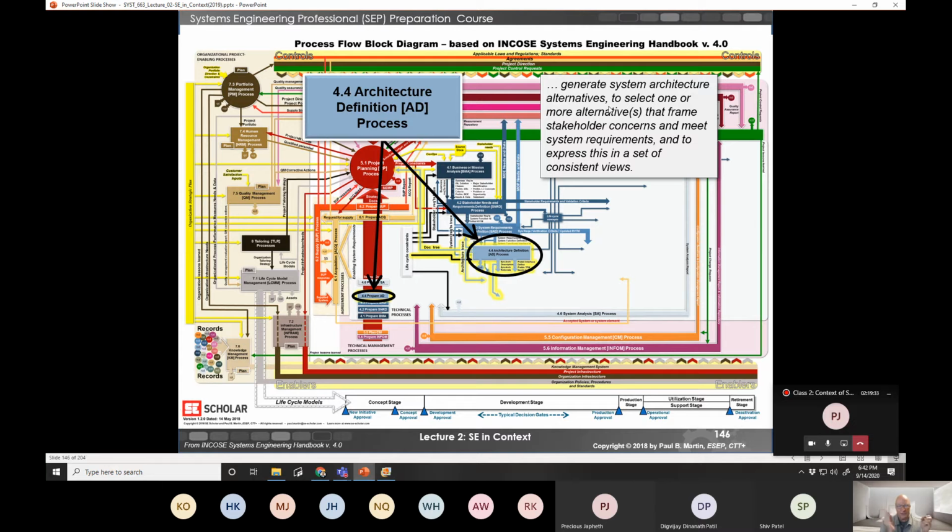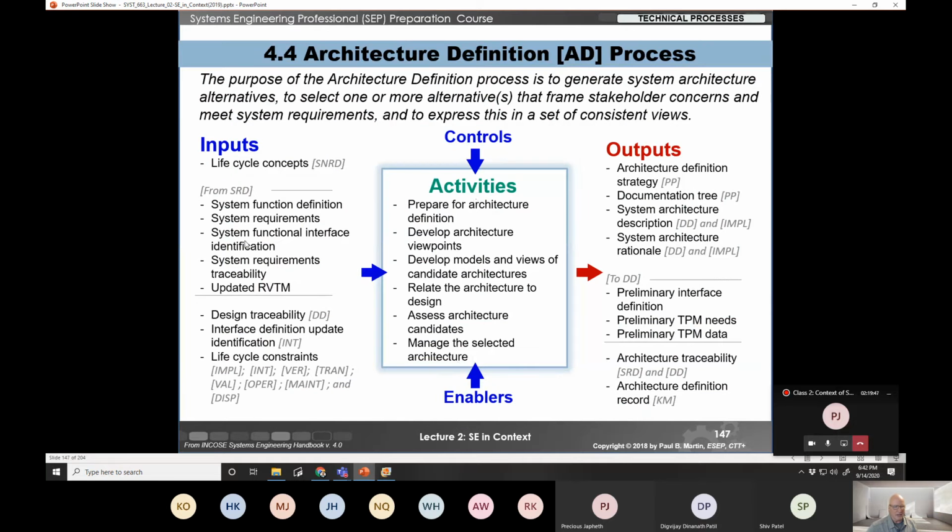So remember, you're looking for these alternatives that can actually take into account the stakeholder concerns, meet those system requirements, and actually express the architecture in a set of consistent views. So of course, all your inputs would be your system requirements, as well as information from your life cycle concepts. You prepare and develop the various models.